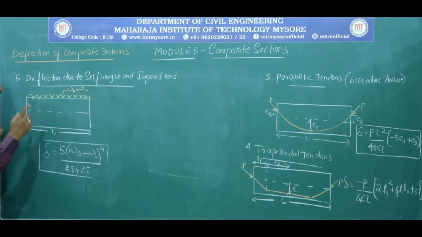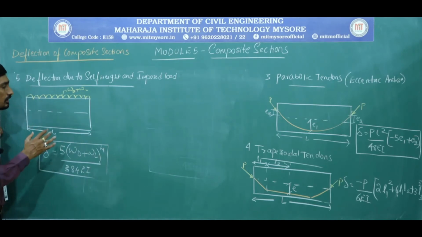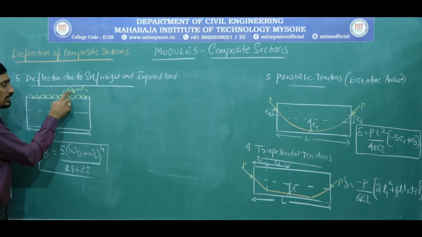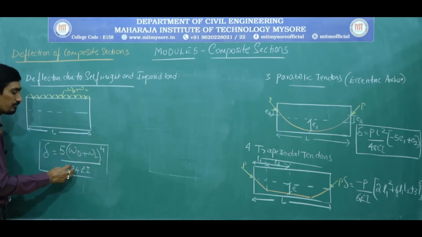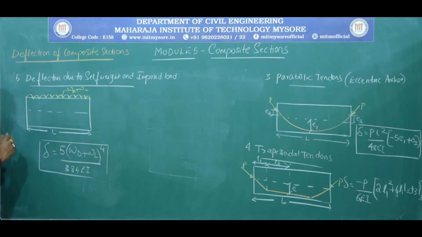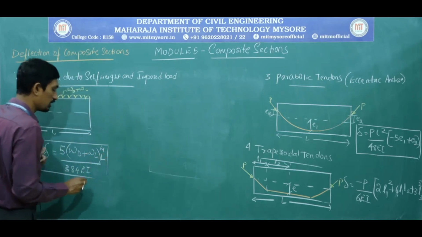How? I will explain that case next. Now, as I stated, dead load is UDL, so you will write deflection due to dead load is equal to 5WD L to the power of 4 divided by 384 EI. Sorry, this will be L to the power of 5. I have forgotten.